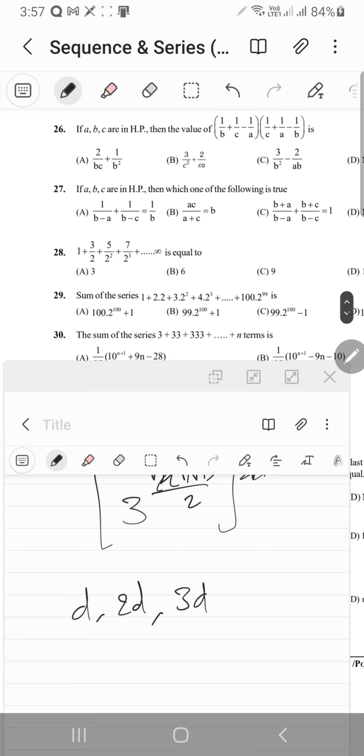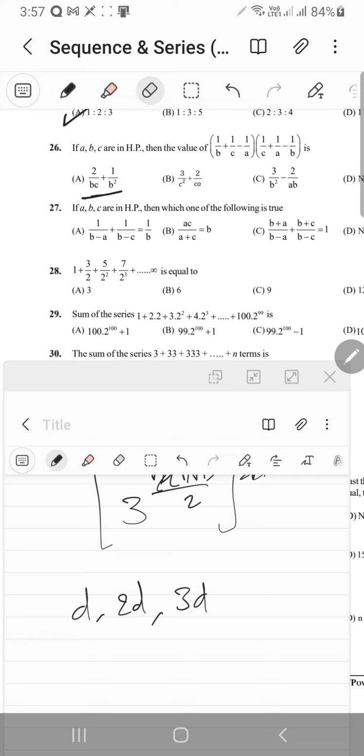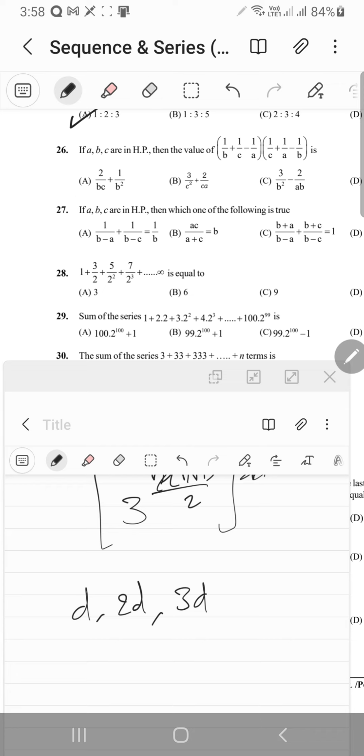Next, if A, B, C are in HP, then what is the value of this expression? The first term doesn't have A, the second has no B, and the third has no C, so you want to write it in each of these formats.